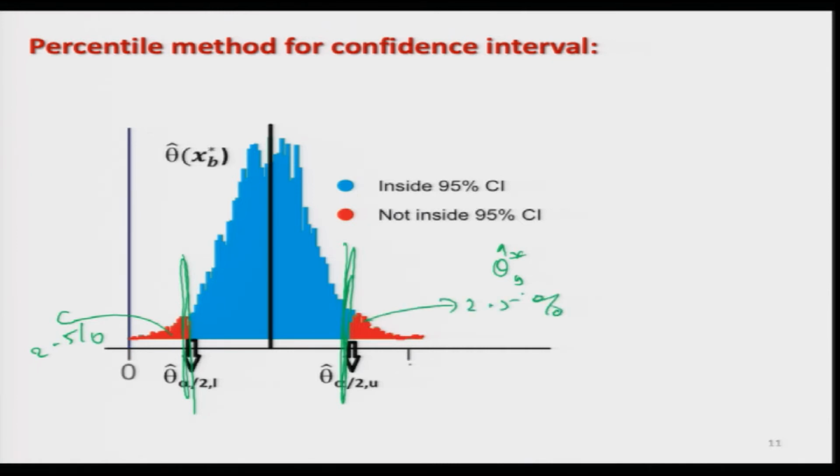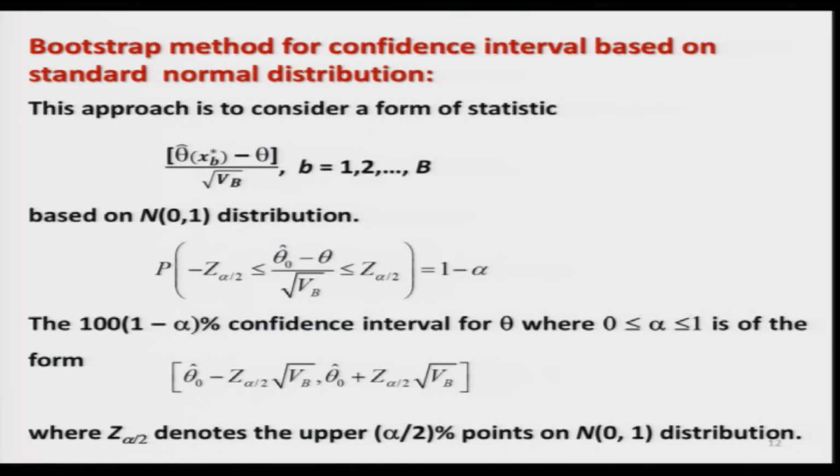This area has been denoted in red, and the area between the two limits, which is 95%, is indicated by blue color. So this theta hat alpha by 2 lower is the lower limit of the confidence interval, and theta hat alpha by 2 upper is the upper limit of the confidence interval, and by this approach you will get the confidence interval through the percentile method. This is one of the simplest methods to obtain it.